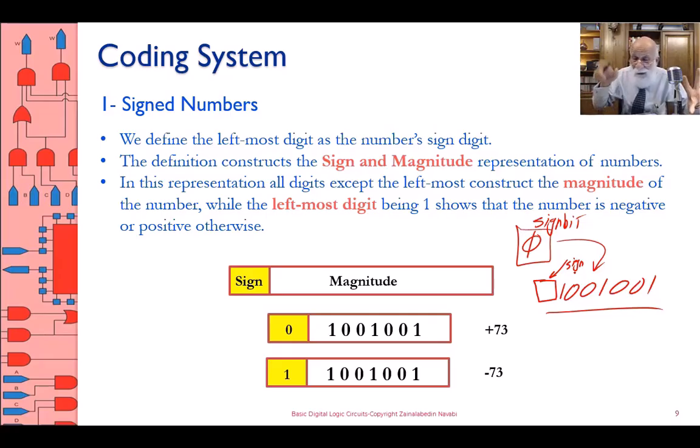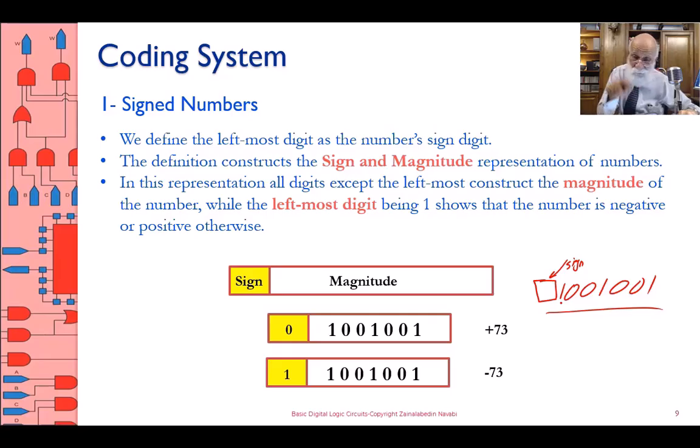I'm not done yet. I haven't said everything yet. I'm saying this is an 8-bit signed number. Okay, what it means is 1, 2, 3, 4, 5, 6, 7 of the bits represent the magnitude of the number, or somehow the magnitude of the number. And the last bit, the 8th bit, is the sign bit.